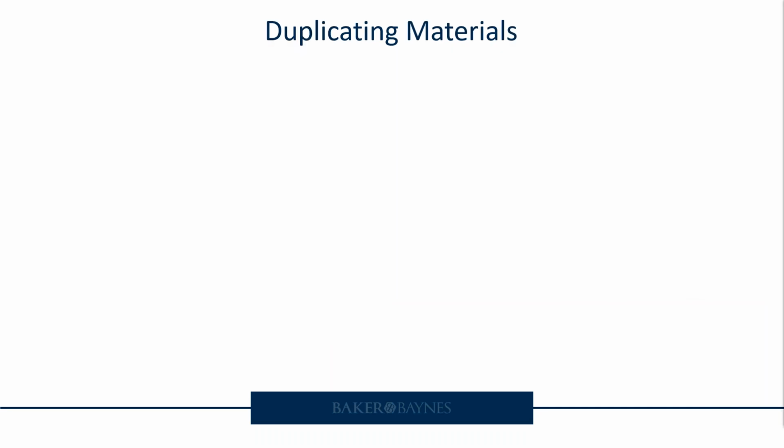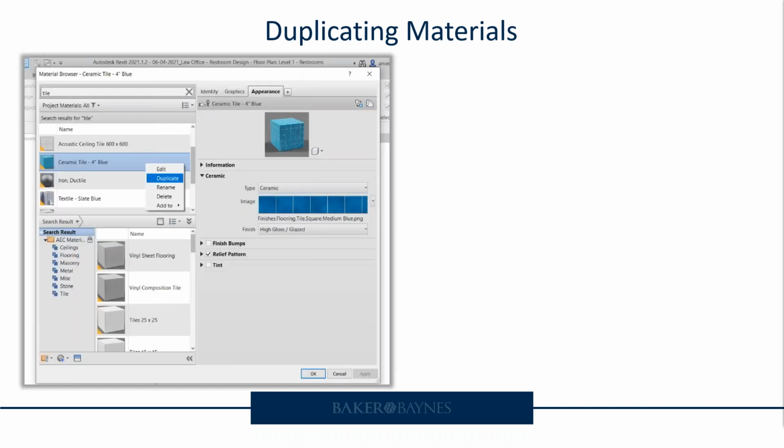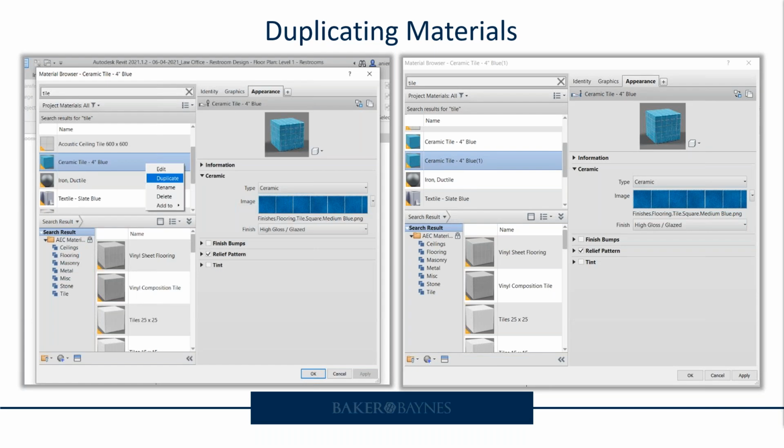Then very important when you duplicate materials is to know how to do it properly in order for you to not unintentionally override another material. So in other words, when you duplicate a material, the appearance asset will be associated to both the original material and also the copy of it.